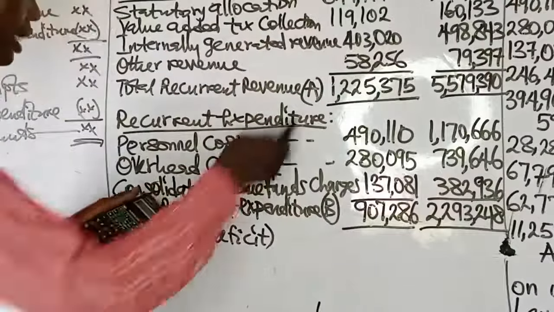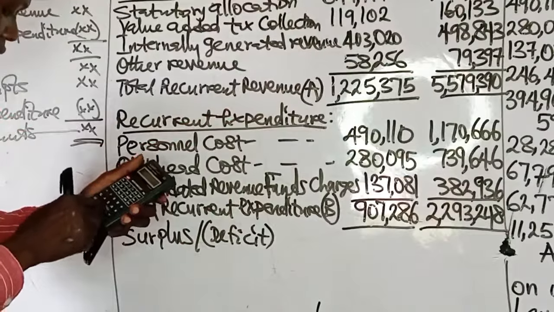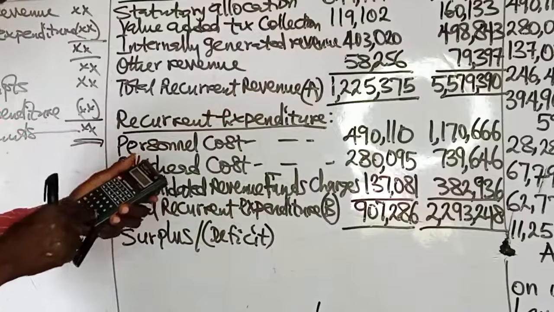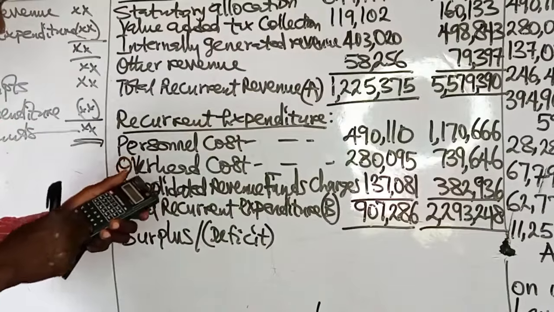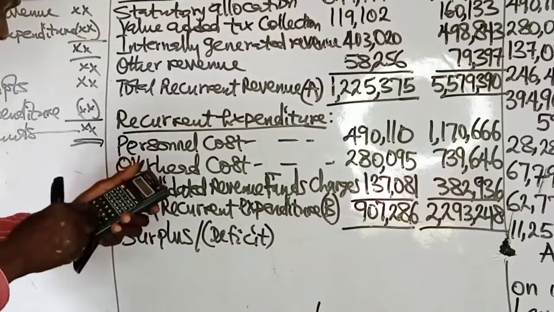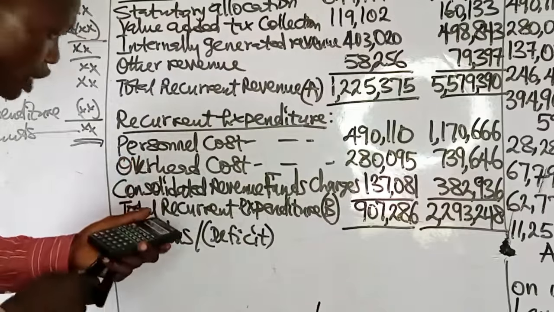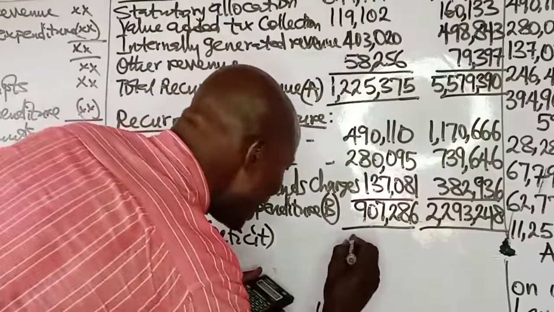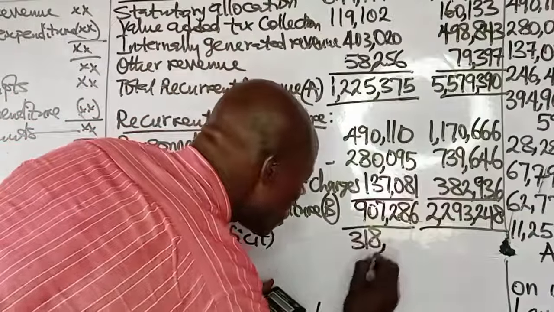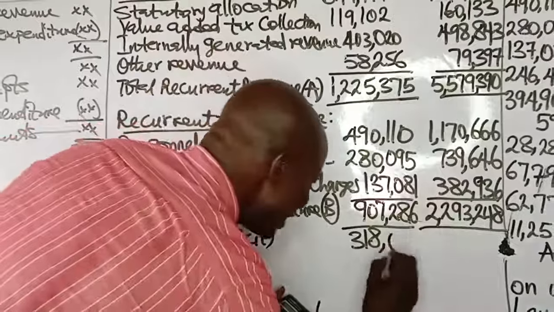Now, 2017, we have the recurrent revenue of 1,225,375 minus recurrent expenditure of 907,286. So we have the surplus of 318,089.